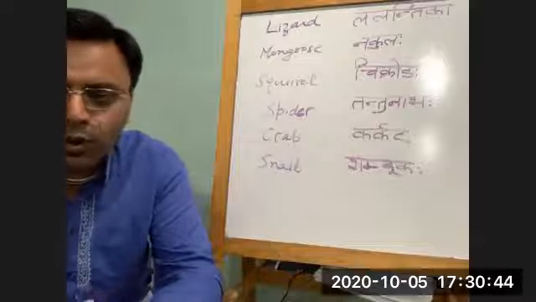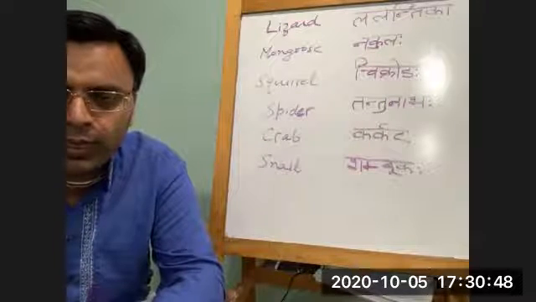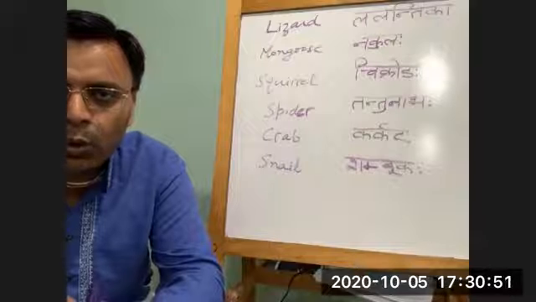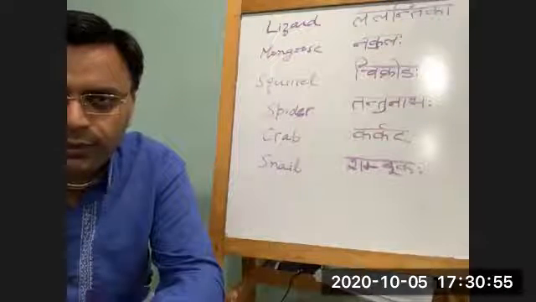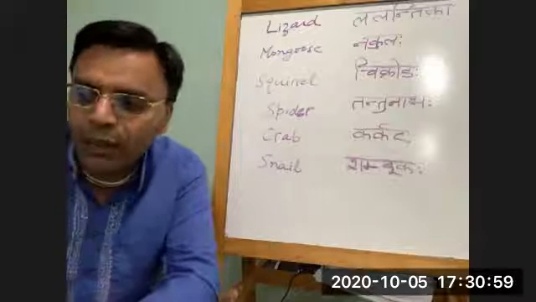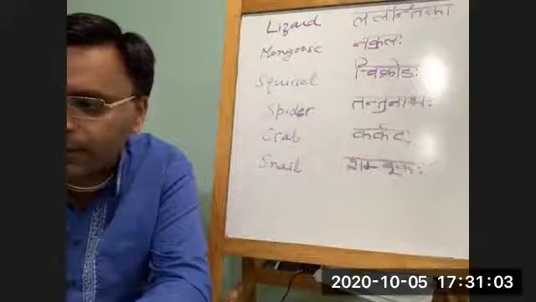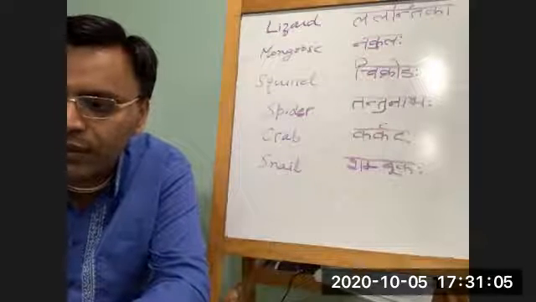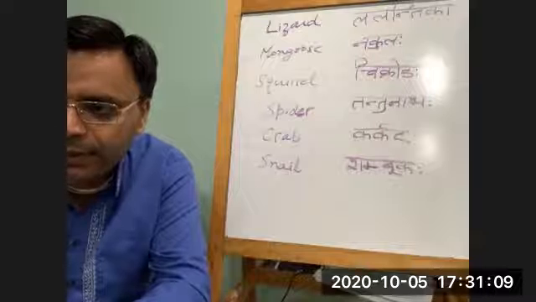So ullu also, that owl also we did last time, right? In Hindi it's called ullu and in Sanskrit it's called ullukah. Somebody reminded me that we did the hippopotamus and rhinoceros also last time.